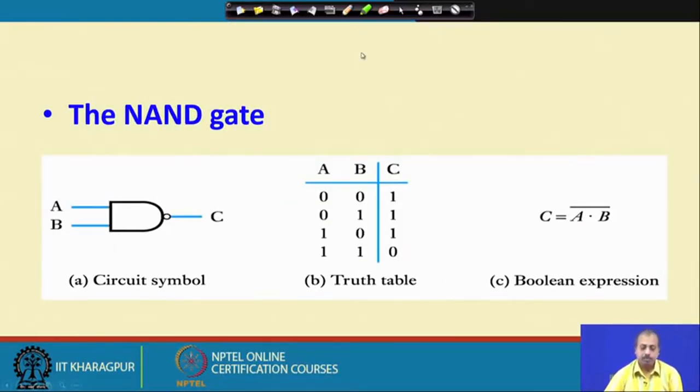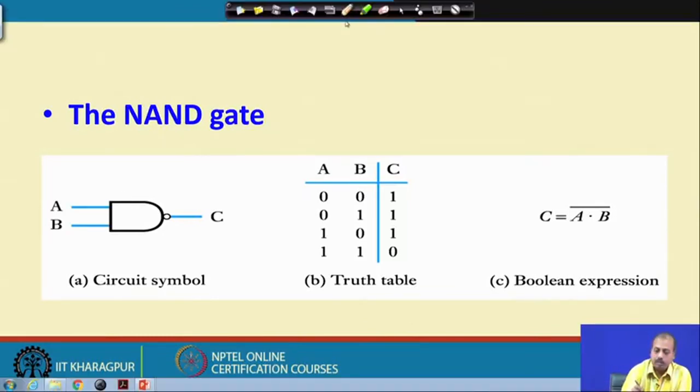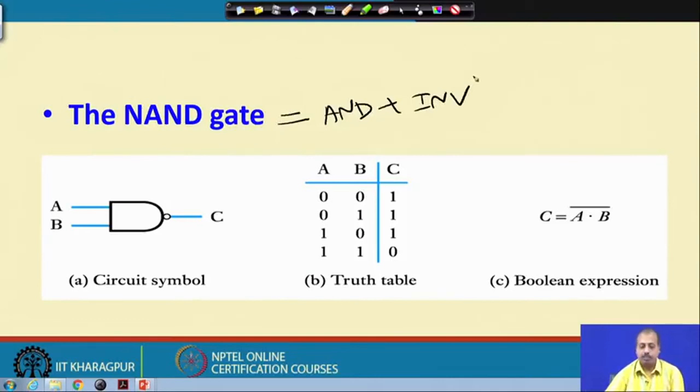Next we come to some derived gates, like the NAND gate. The first one is the NAND gate. You can say that NAND is equal to AND plus inverter. Here the symbol is also like that: this is the AND gate, and after that there is an inverter bubble.